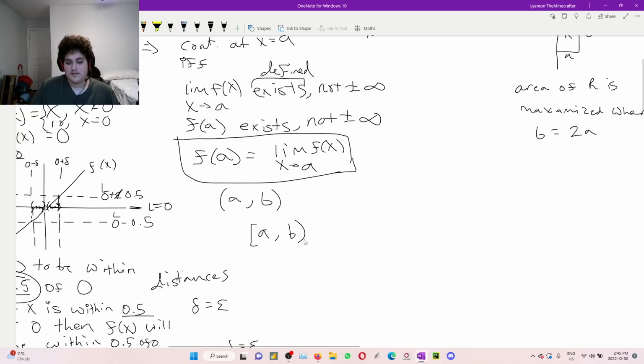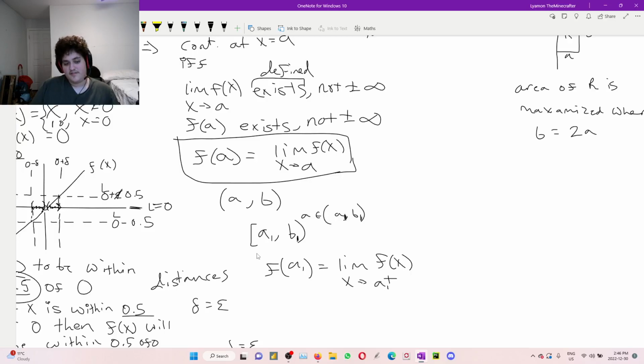For this to be continuous, this would have to be true for all a in this interval, but also, to make this less confusing, let's give them some sign. f of a1 needs to be equal to the limit of f of x as x approaches a1 from the right.